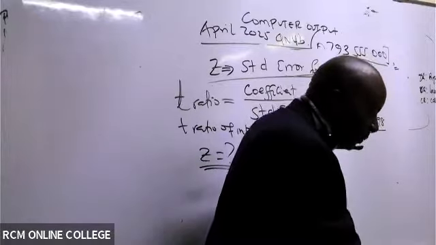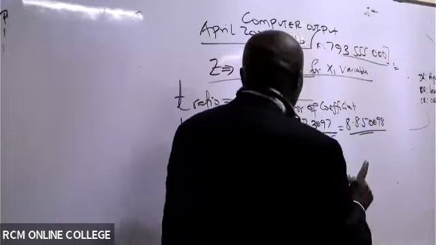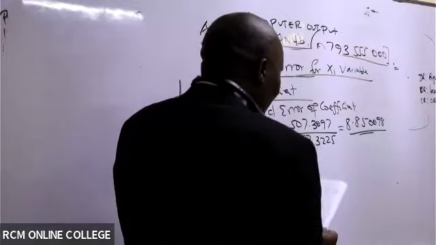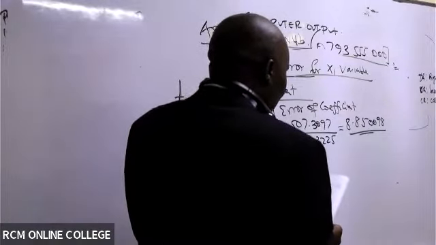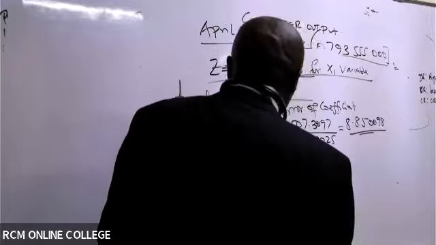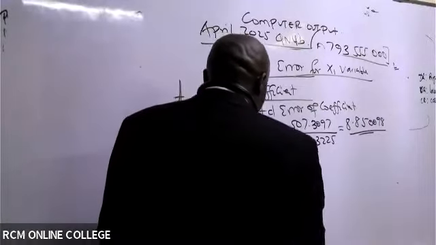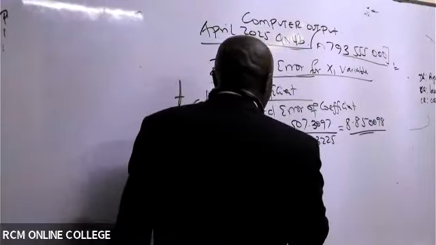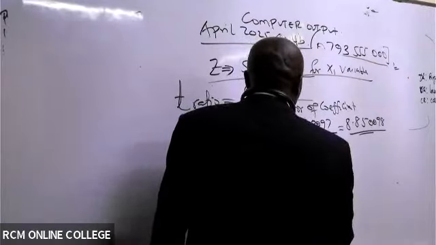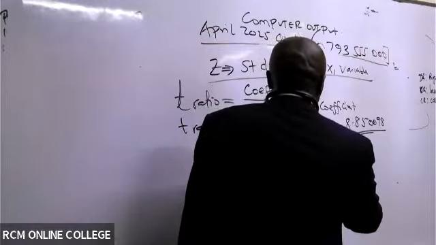Now most of them are able to get the correct answer. What they are telling me is that, teacher, we can see that the T ratio has been given, isn't it? Remember our formula: T ratio equals coefficient all over SB, or standard error of the coefficient.